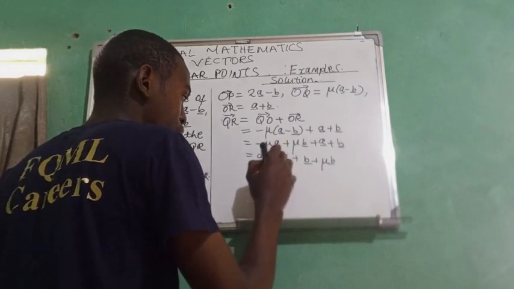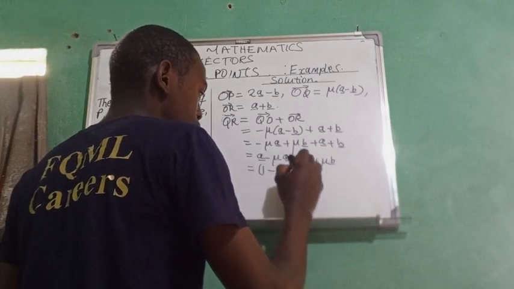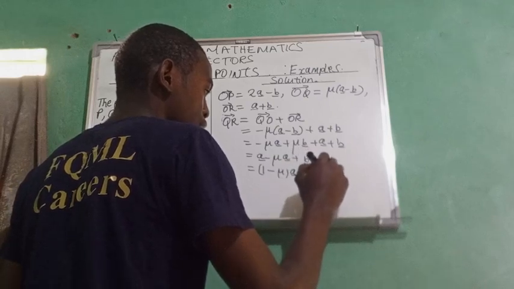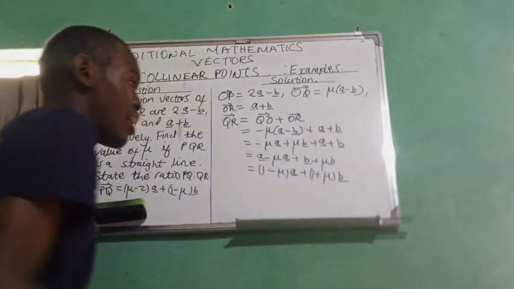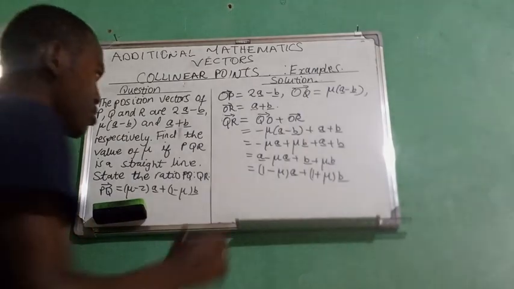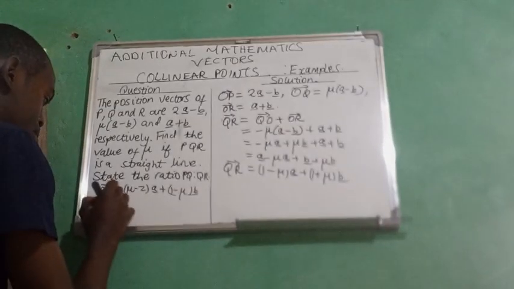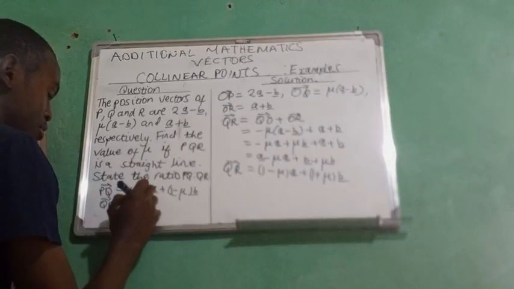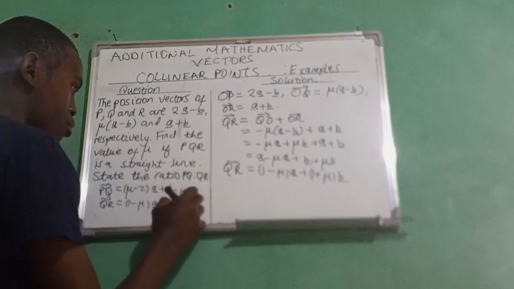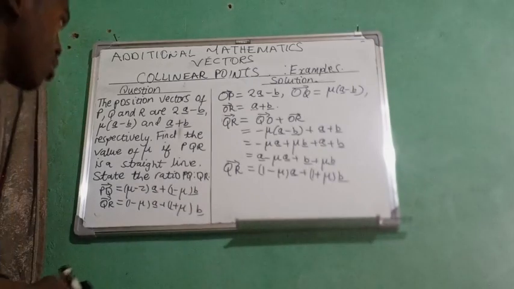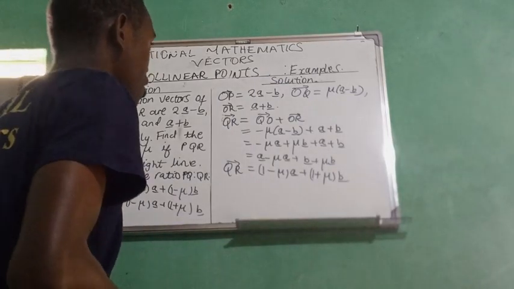Vector A into vector A is 1, and vector A into mu of vector A is mu, and then we have vector A plus 1 plus mu of vector B. So QR is equal to 1 minus mu of vector A plus 1 plus mu of vector B. Then if we reach this point, it means we now need to go to the question.